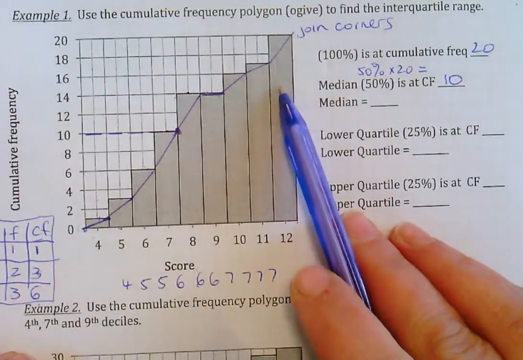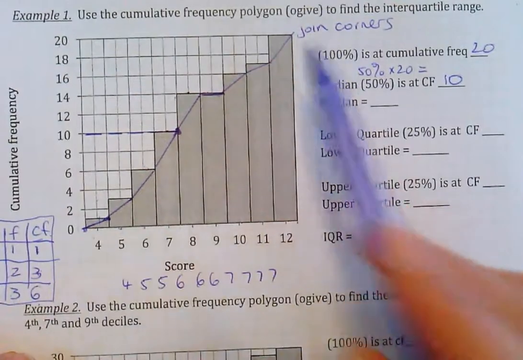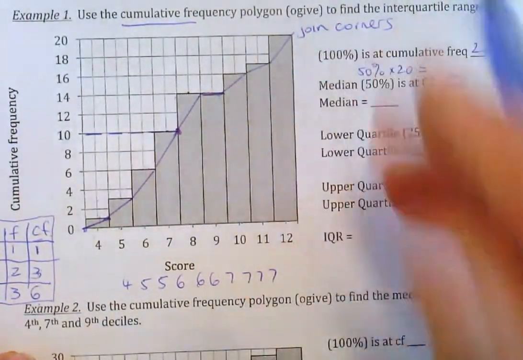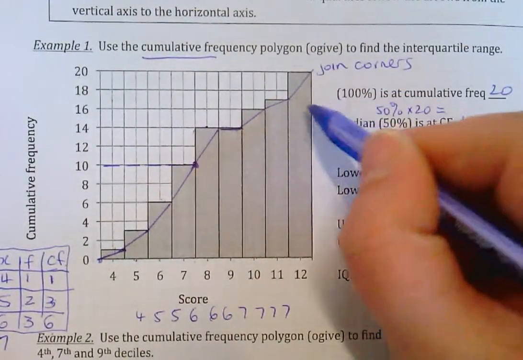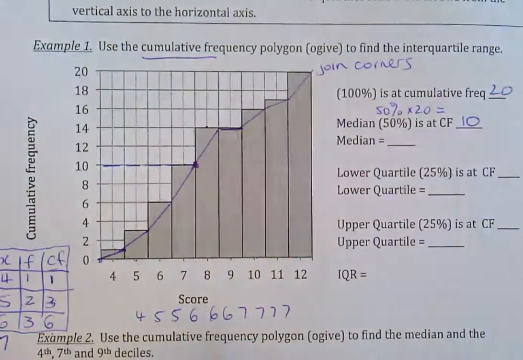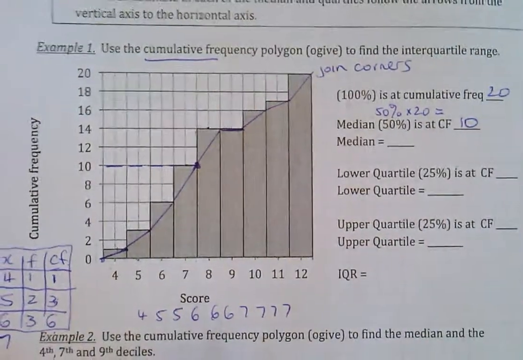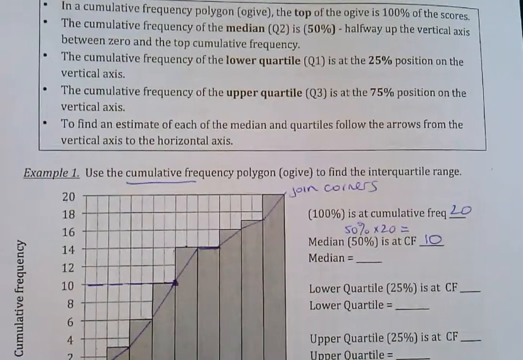Ladies, this is a histogram, the column graph. The polygon is the line graph. But for a cumulative frequency polygon, which is called an ogive, you must join the top corners, not the middles of the columns, all right? Now, it says in a cumulative frequency polygon, the top of the ogive is 100% of scores.